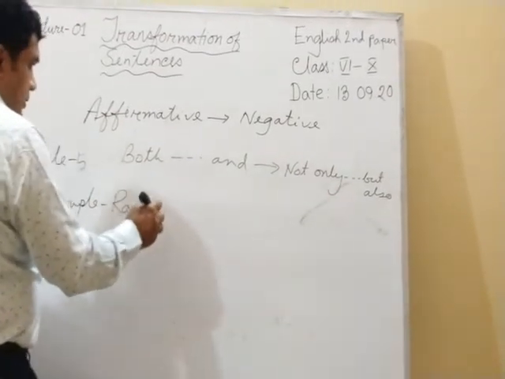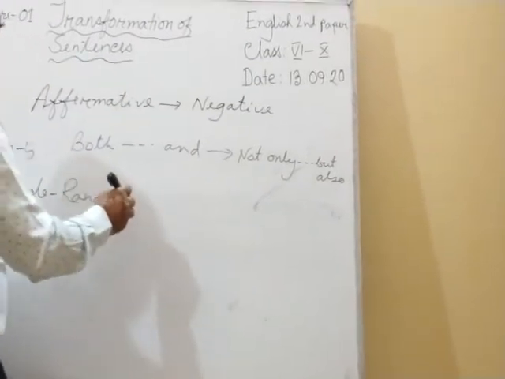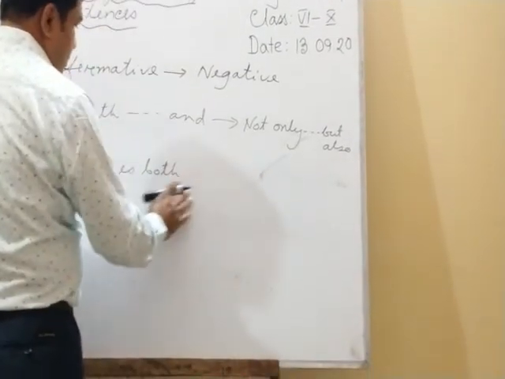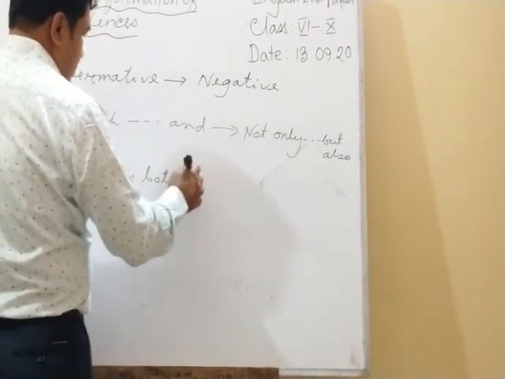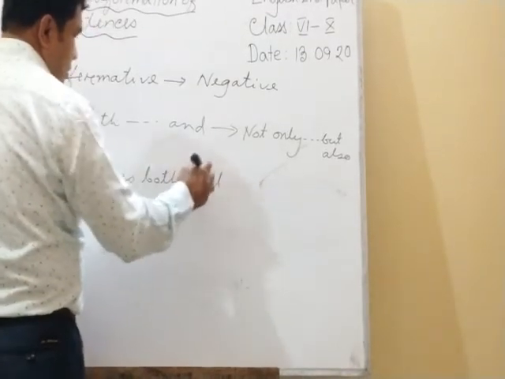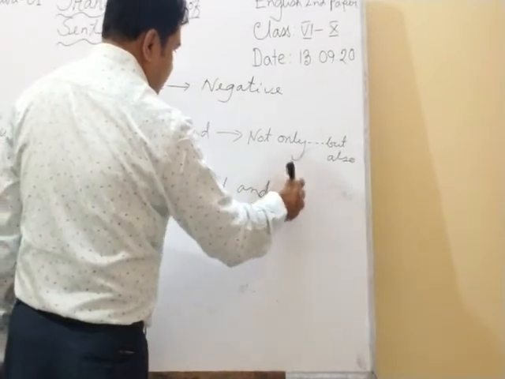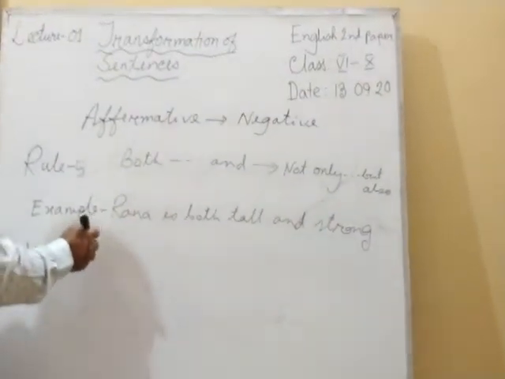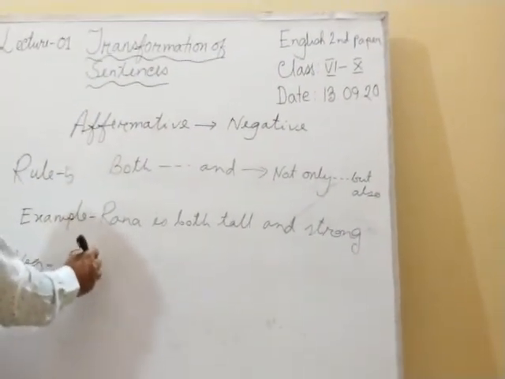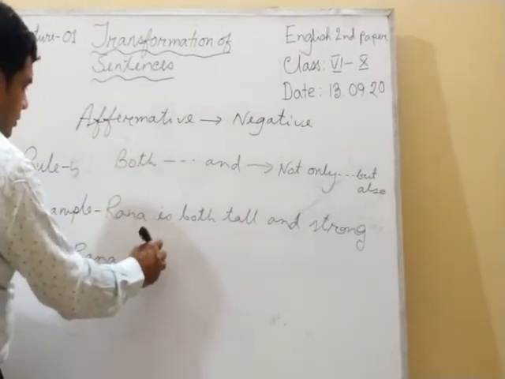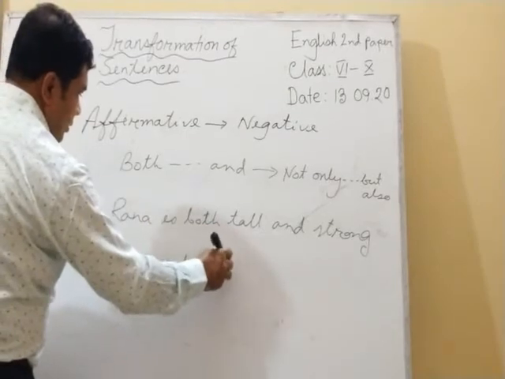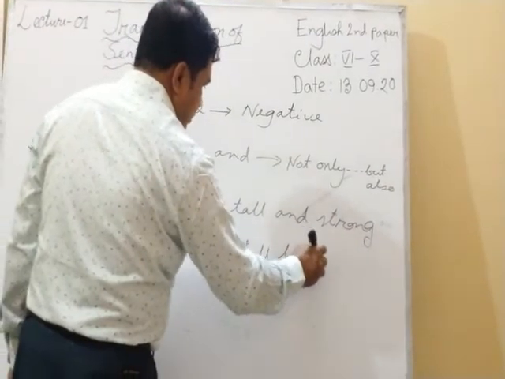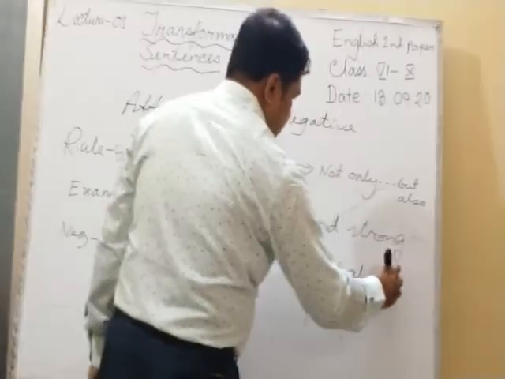Rana is both tall and strong. So its negative will be: Rana is not only tall but also strong.